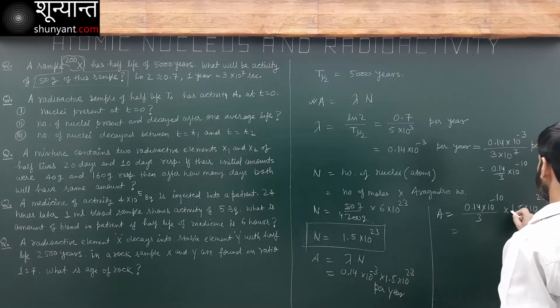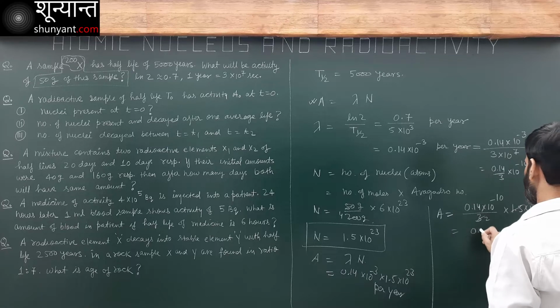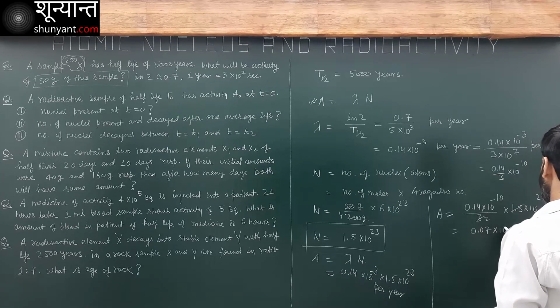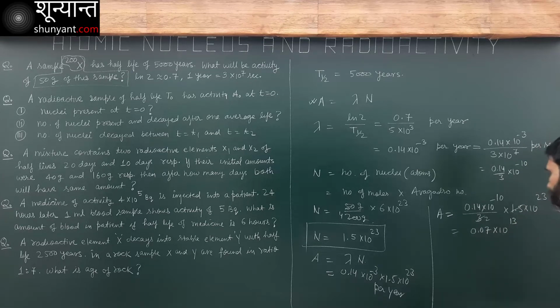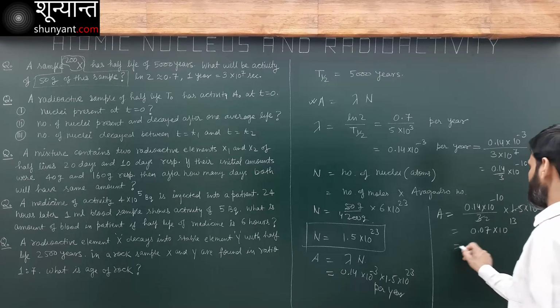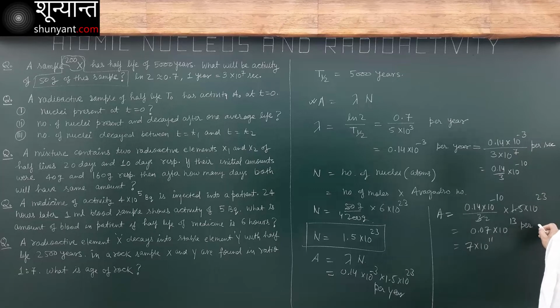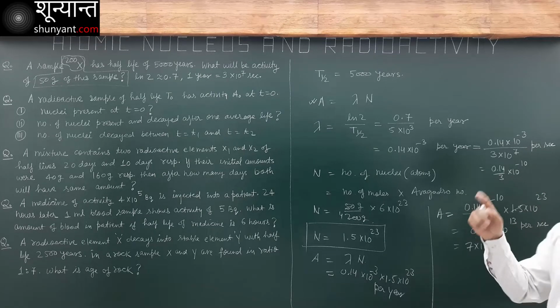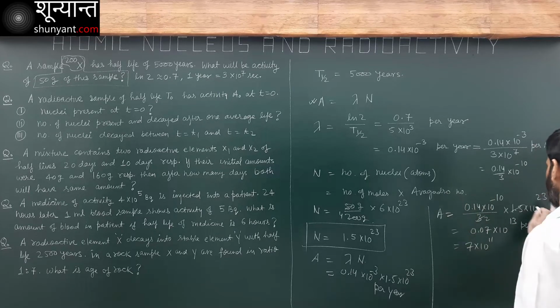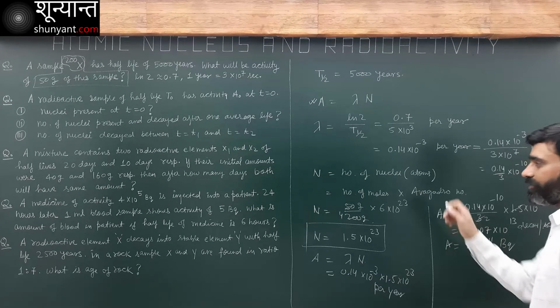This becomes 0.07 into 10 power 13, so 7 into 10 power 11 decay per second. So this will be becquerel. This is the activity of this sample.